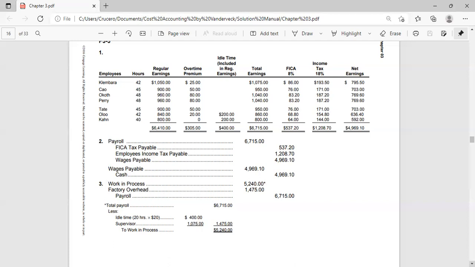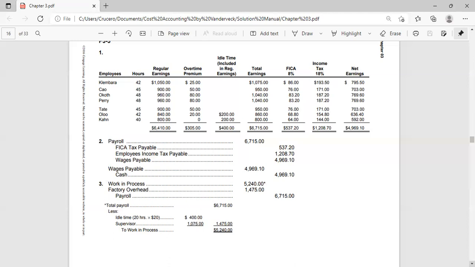So this is how you present the entry for the payroll, and then you debit wages payable and you credit cash.